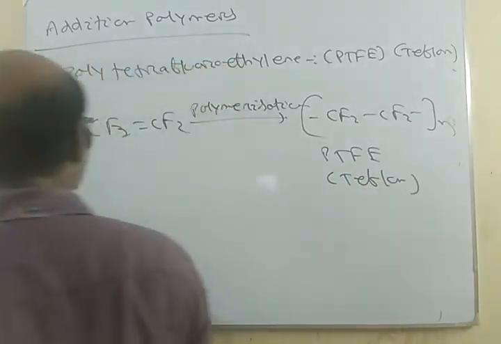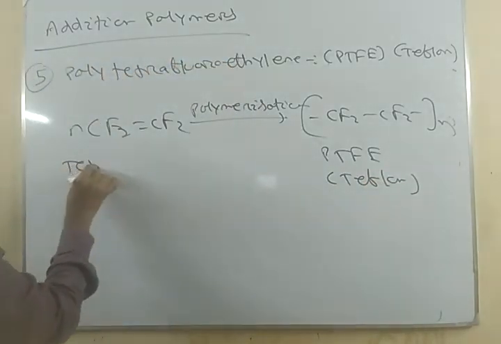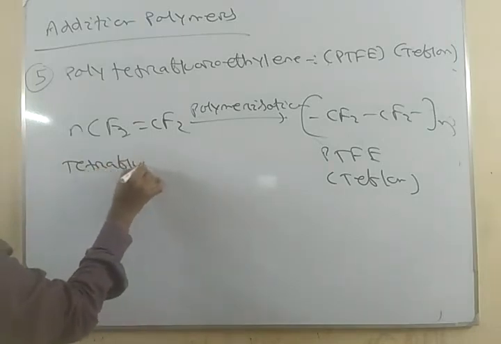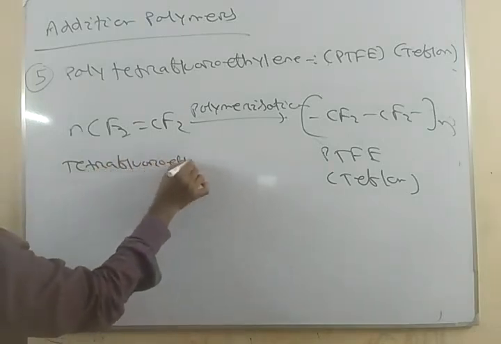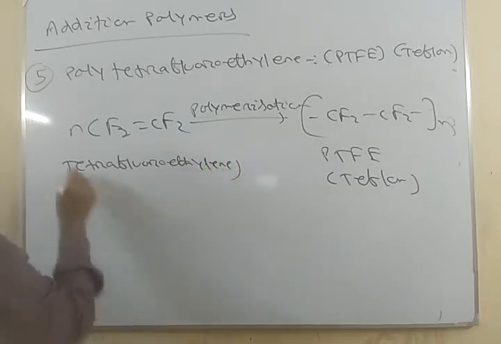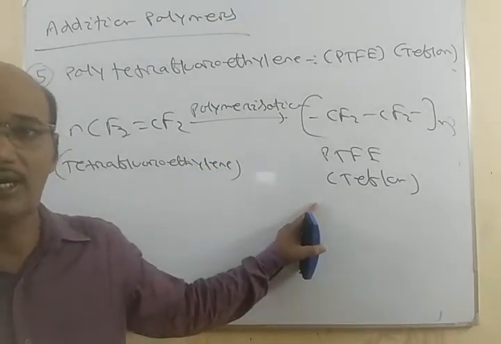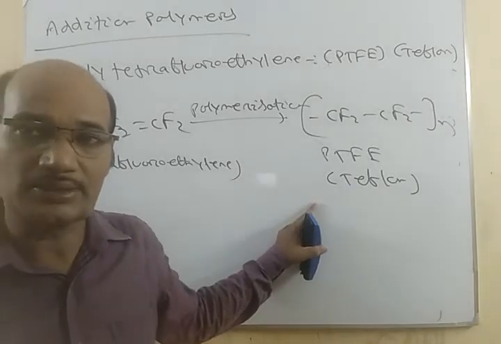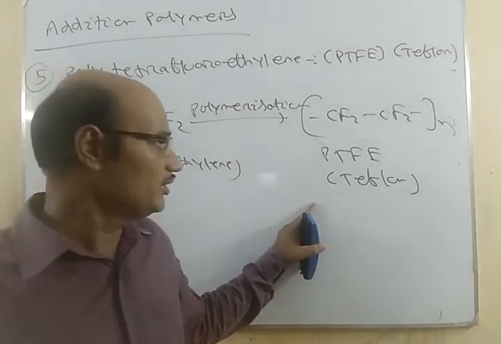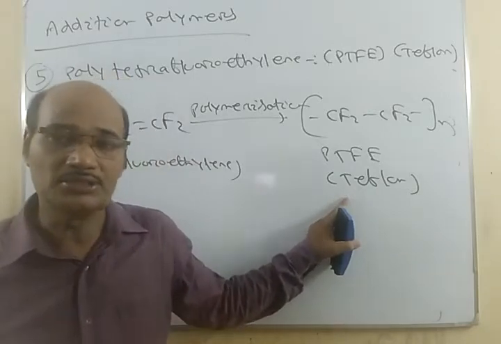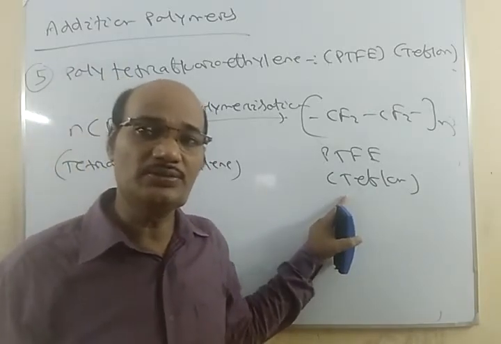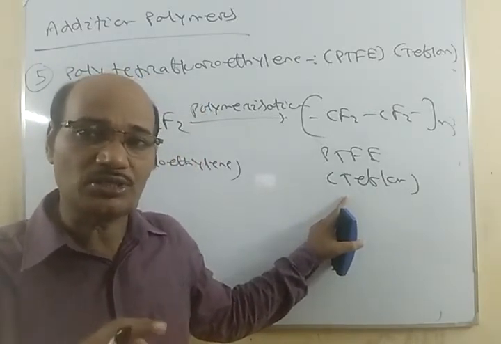So this is called tetrafluoroethylene. Okay. So polytetrafluoroethylene, PTFE, the polymer of tetrafluoroethylene. Here the PTFE or Teflon is used for making the coating of non-stick cooking pans.